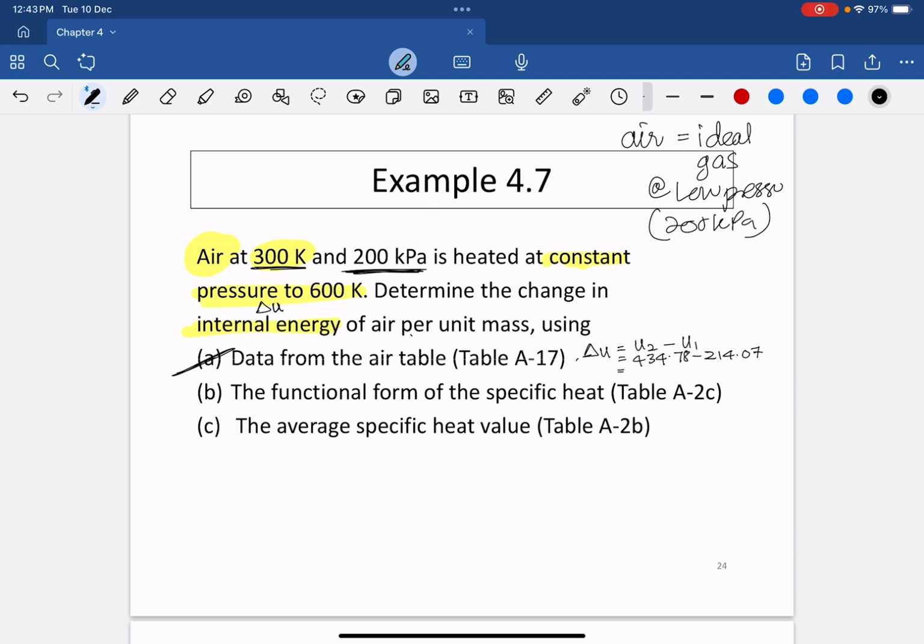How much is that? About 220. The unit will be in kilojoules per kilogram.